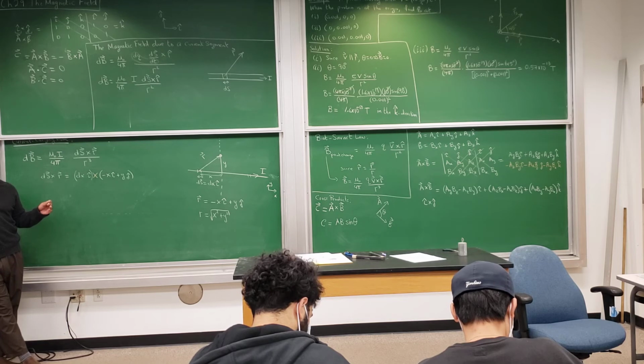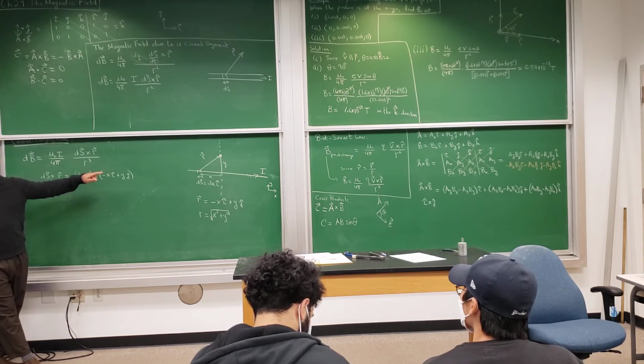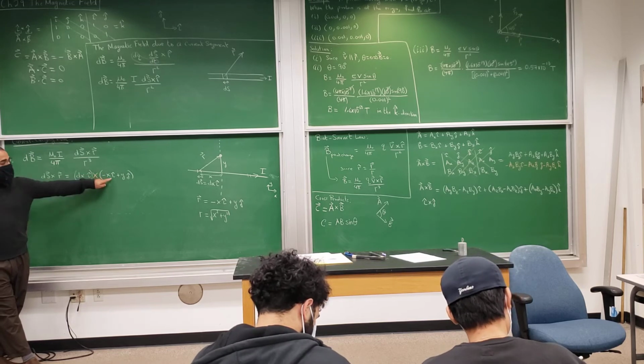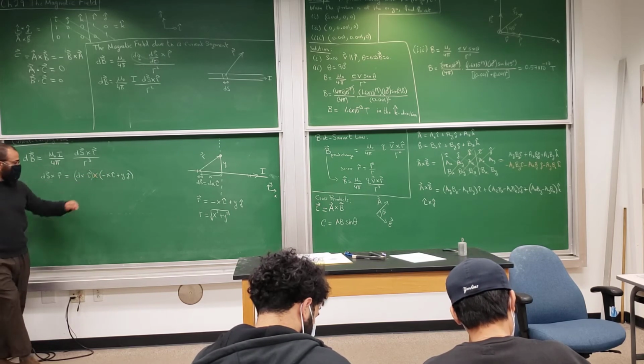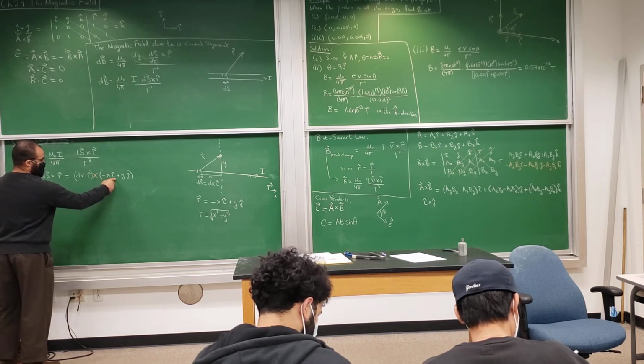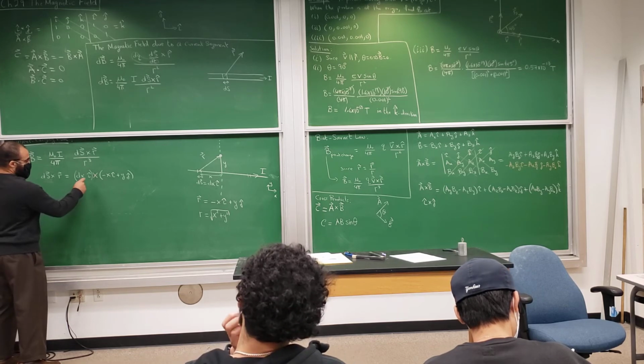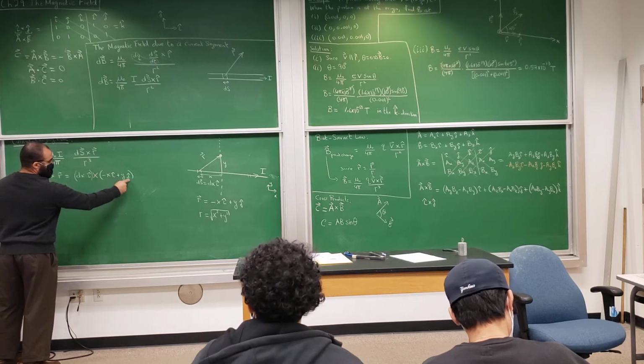Remember, the magnitude of the cross product would be the product of the two magnitudes times the sine of theta. So if two vectors are parallel, their cross product is 0. So i hat with i hat gives you 0, and you multiply 0 with anything and the rest is 0. Now the next one would be i hat crossed with j hat.